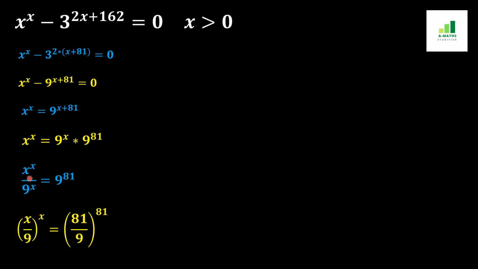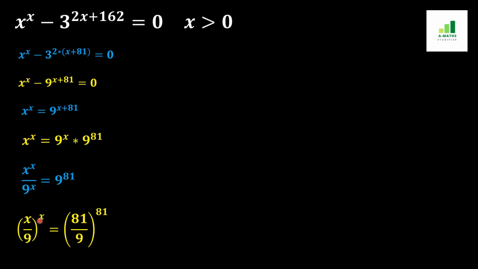Here we apply the basic rule of algebra: if two different bases are in division and have the same power, then it can be written with one power and one bracket. So here we convert the same value with that rule, and we get x over 9, overall power x.